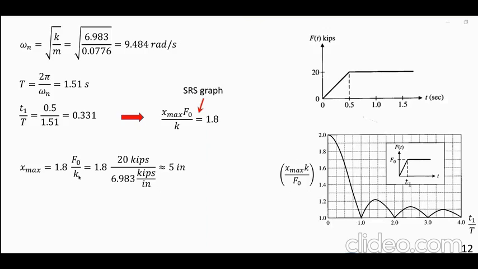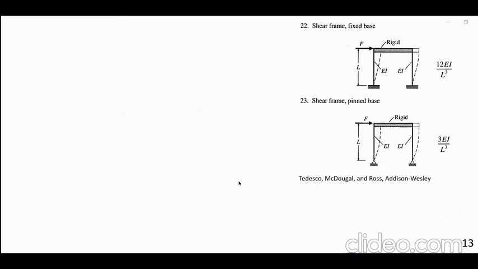And just plug in your F naught, plug in your k, and you get approximately 5 inches. That's very useful, okay? Without doing any of the complicated stuff that we have discussed. They're not hard, but, and by the way, this is a response spectrum. Some people also say SRS, shock response spectrum, but Inman calls this thing RS. I should have taken this S out.